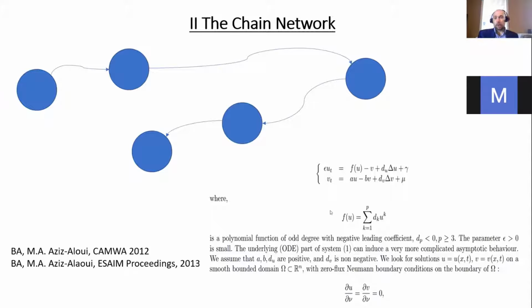We also consider Neumann boundary conditions. A, B are positive coefficients. D is positive. Well, in neuroscience context, dV is 0. And in what we are going to do, actually A, B, gamma, and mu could also depend on X, on the space.